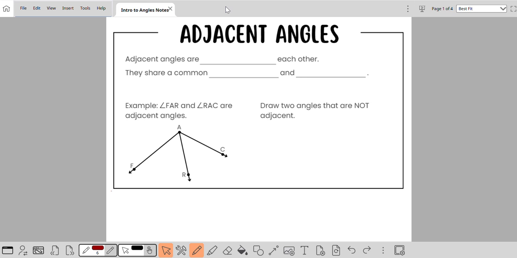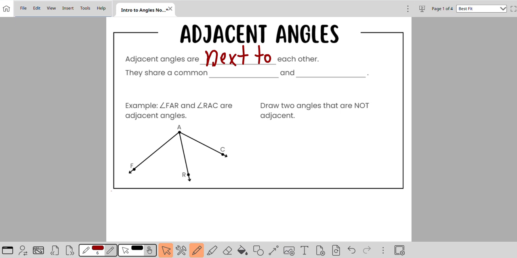First, we're going to talk about adjacent angles. Adjacent angles are next to each other. So I'm going to write next to here. Adjacent angles are like hotel rooms. They're right next to each other.